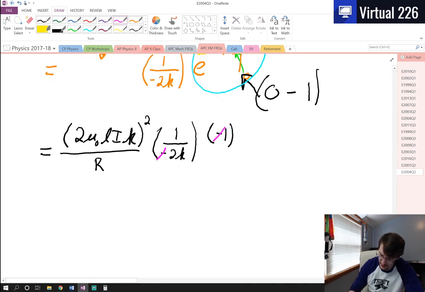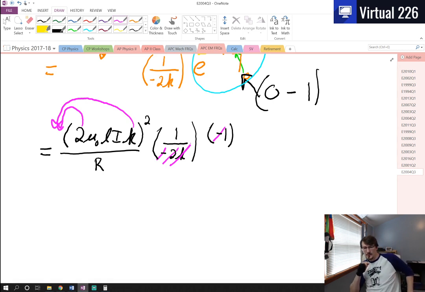The negatives wipe. This is a 2 squared, which is a 4, and this is a 2 in the denominator, so I'm just going to bump this 2 to the outside. I've got a k squared and a k in the denominator, so that k is going to come outside, and those have gone away.